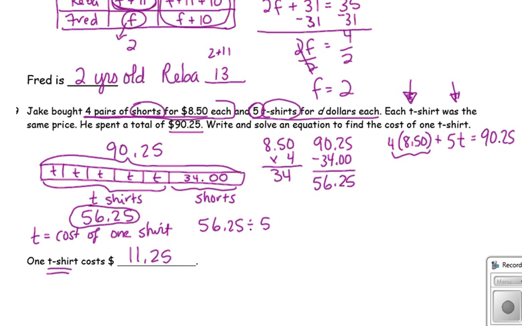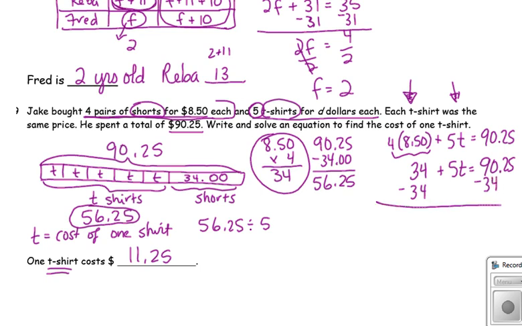Simplify this part of the equation. That gives us 34 plus 5t equals 90.25. That's what we did right here. Next, subtract the cost of the shorts to find out how much money was spent on t-shirts. So we have the 5 t-shirts, and the remaining money is $56.25.